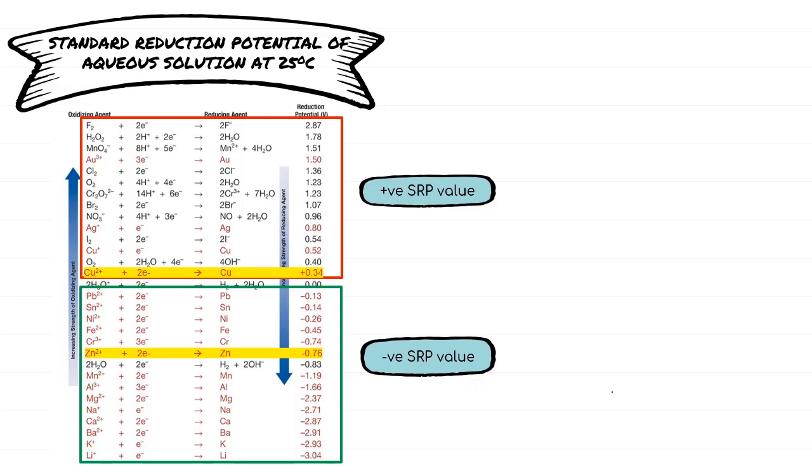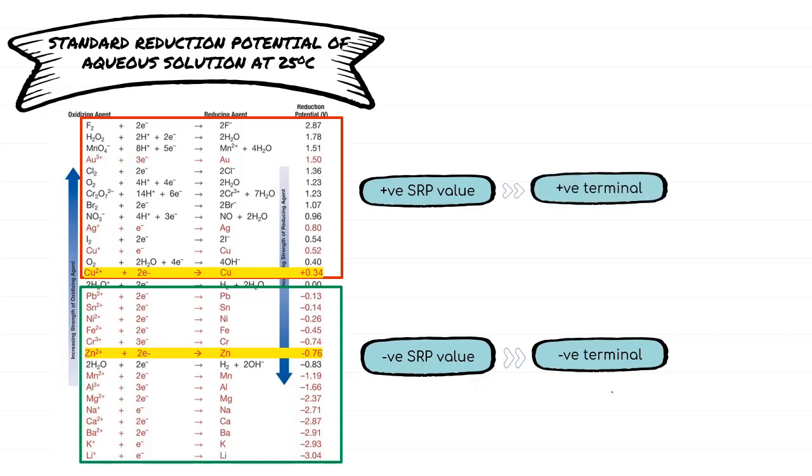Just to remind you once again, since we are dealing with movement of electrons via spontaneous chemical reactions that happen on their own to create electricity, the first half cell which will initiate the reaction must have so many electrons to start with, i.e., more electrons represented by a more negative value means negative terminal. On the other hand, the second half cell that completes the reaction must have fewer electrons, i.e., fewer electrons represented by a more positive value means positive terminal.